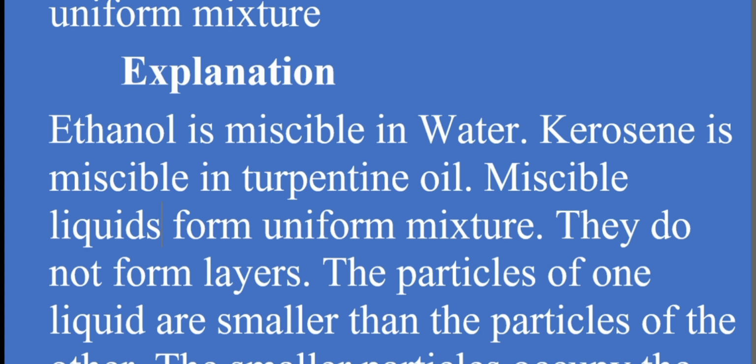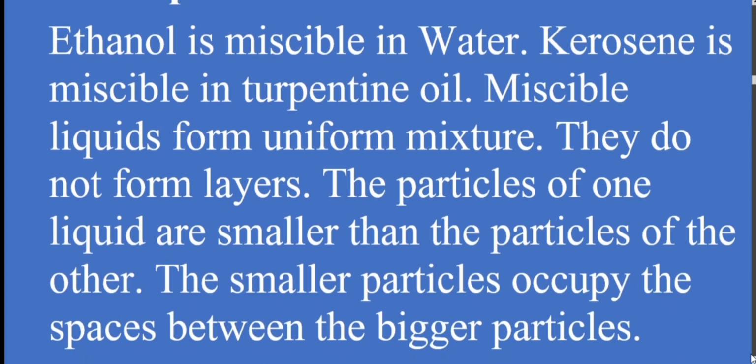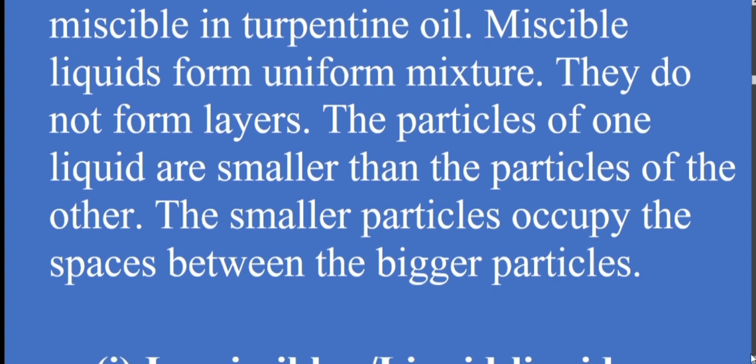They do not form layers. The particles of one liquid are smaller than the particles of the other, so the smaller particles occupy the spaces between the bigger particles. That's why they form a uniform mixture.